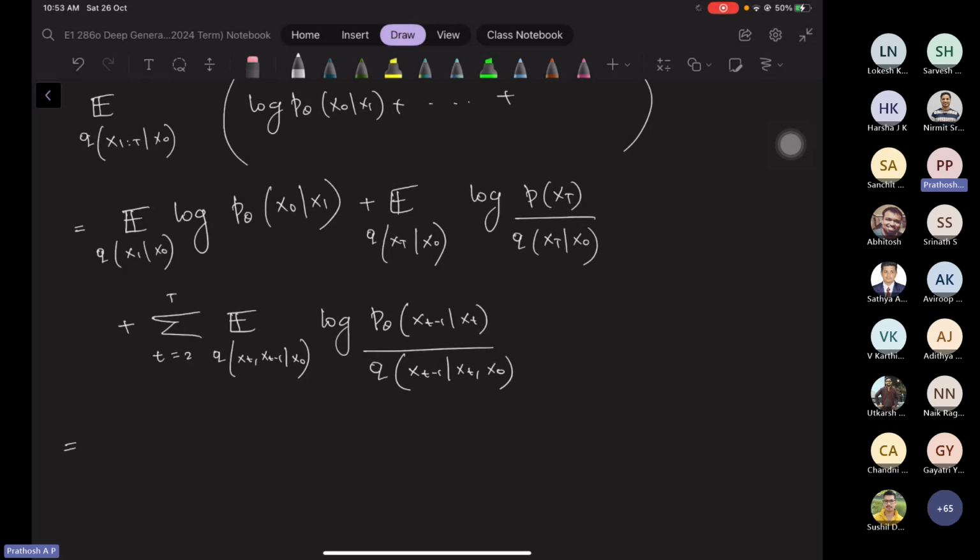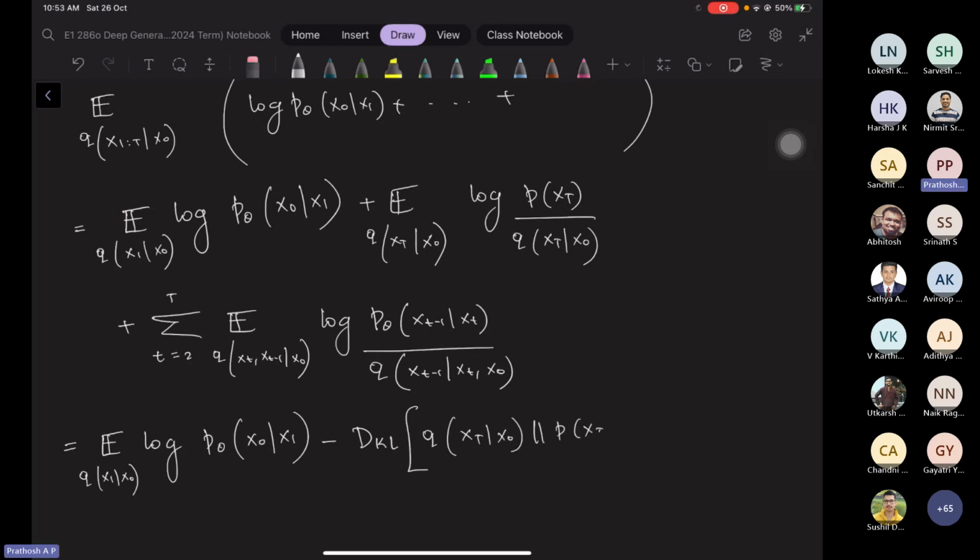This is equal to, let's write the first term. The first term is the expectation of log of p theta of x naught given x1, with the expectation with respect to q of x1 given x naught. What is the second term? The second term is simply the KL divergence between q of xt given x naught and p of xt. This is by definition.